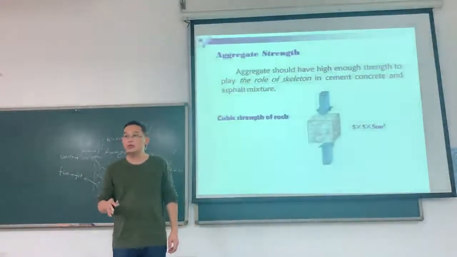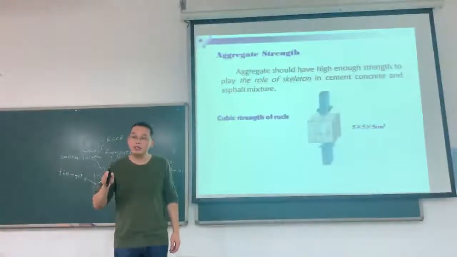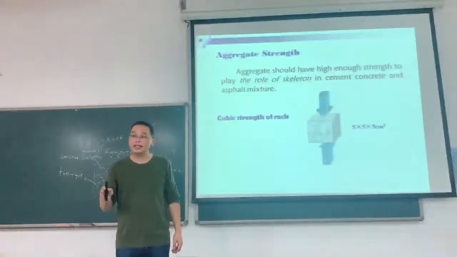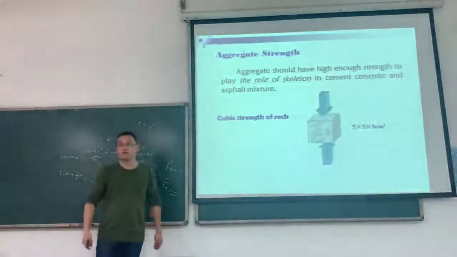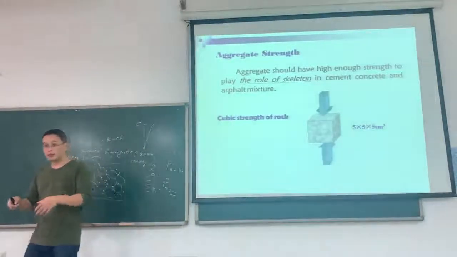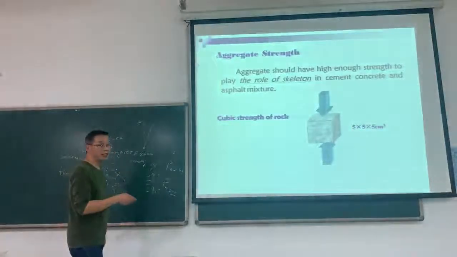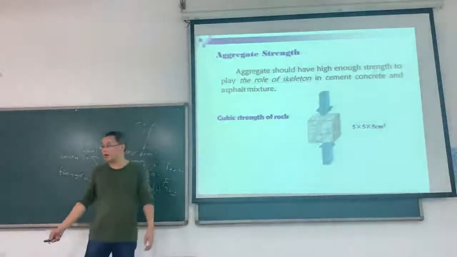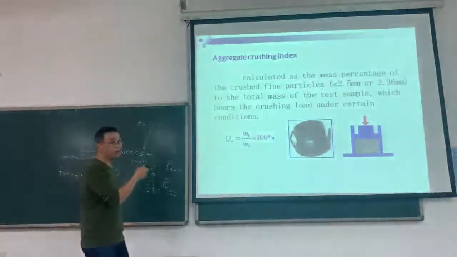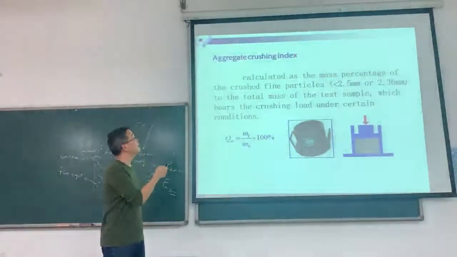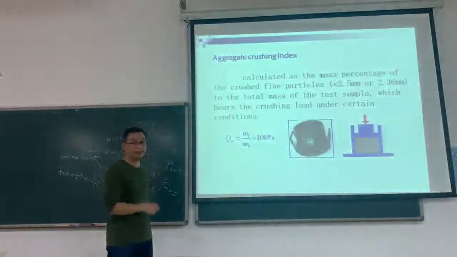Why into the water? Because we need to get the saturated state. So it is difficult for us for the evaluation. This one is easy for us. It is called the aggregate crushing index.